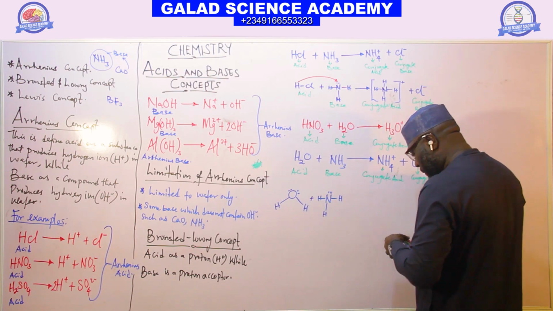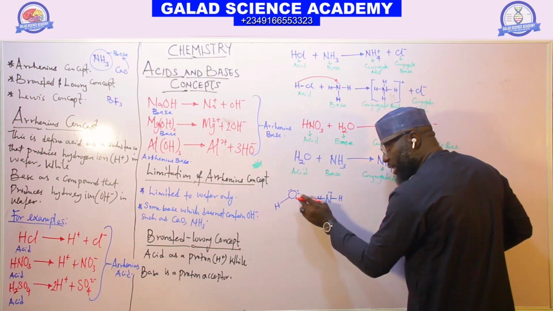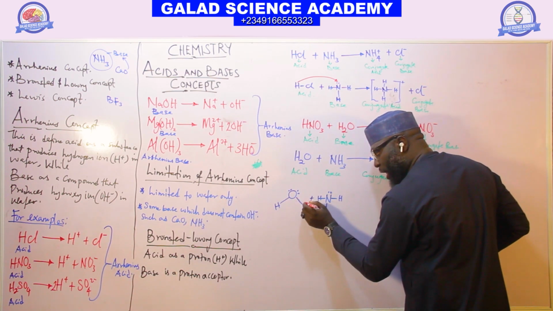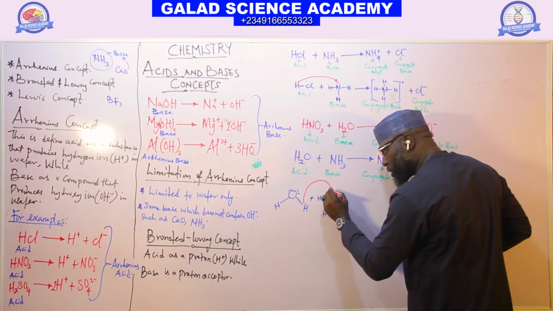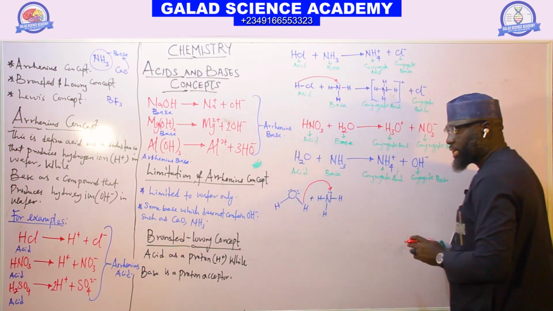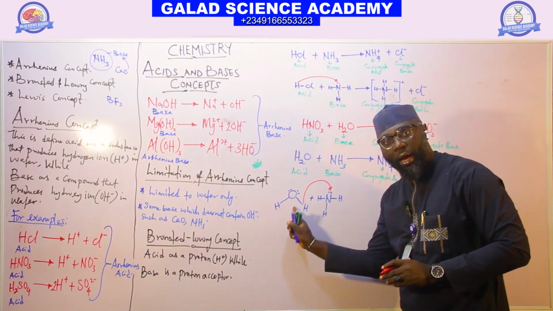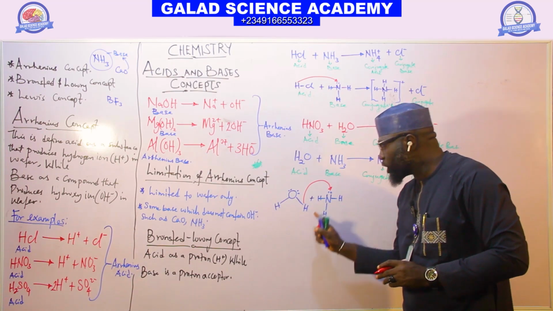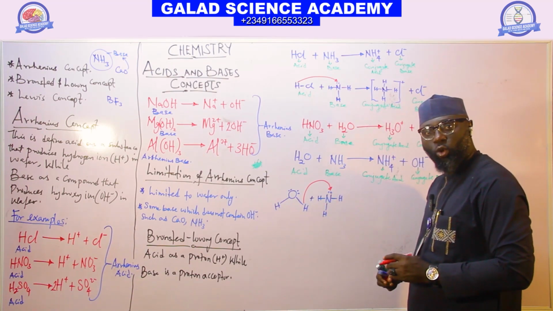This proton, hydrogen here, will now move from here to this side. So this water produces a hydrogen ion, which is a proton, to ammonia.